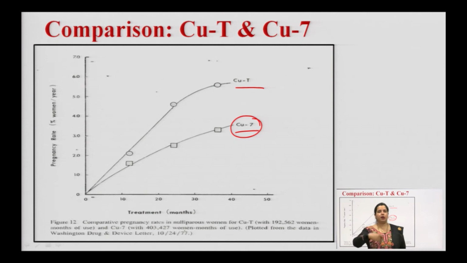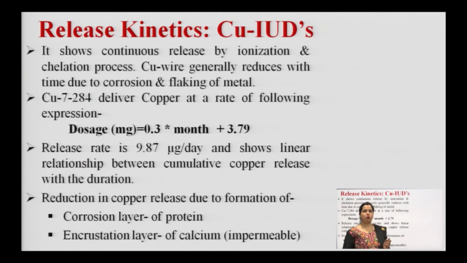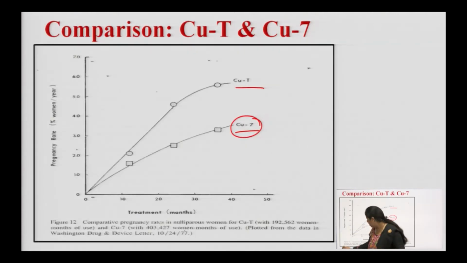Women bearing 7 shaped copper IUDs were shown to have a lower pregnancy rate as compared to copper T designs. This is one of the reports, and let me remove all the marks.